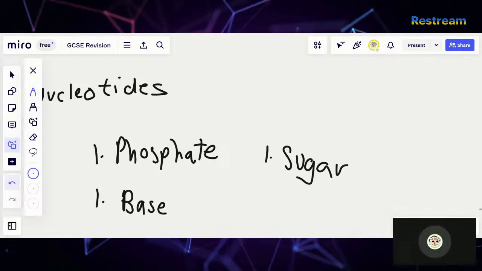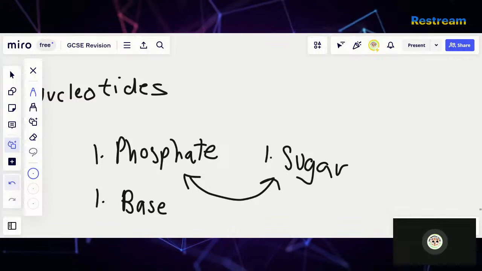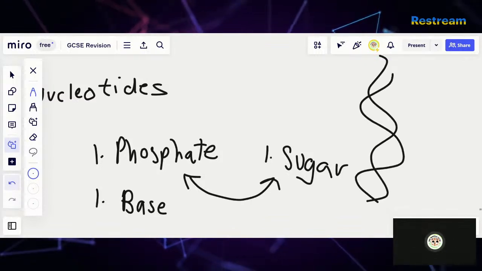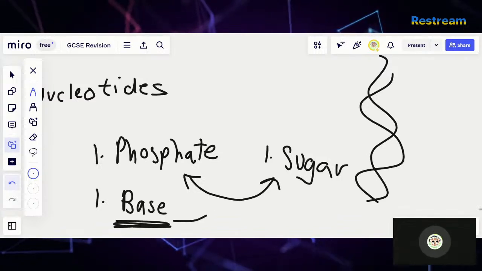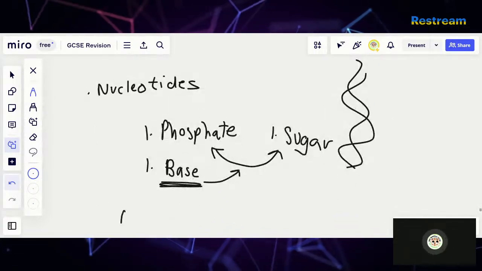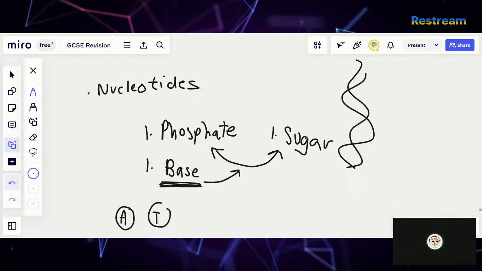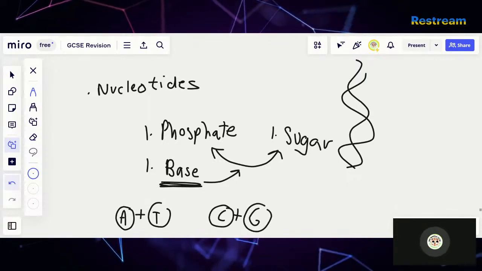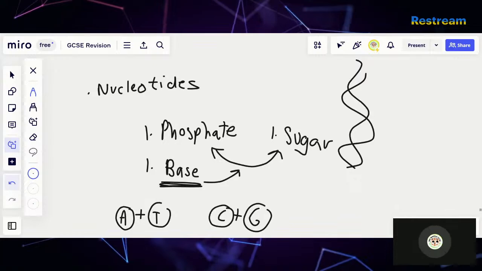And we're told that the phosphate and the sugar molecule form the backbone of the DNA polymer strand, and the base connects with this pairing. And also we have different bases. So A's always connect to T's, and C's always connect to G's, and this is called complementary base pairing.